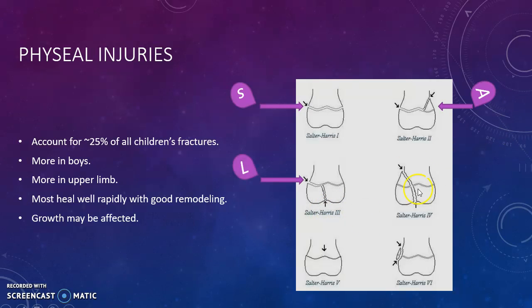This is basically the mnemonic of Salter. TE is the fourth type of Salter-Harris, and that is through everything: through the metaphysis, the physis, and the epiphysis. The last one is Salter-Harris type 6 injury, which is a more grave injury, rammed through the physis.